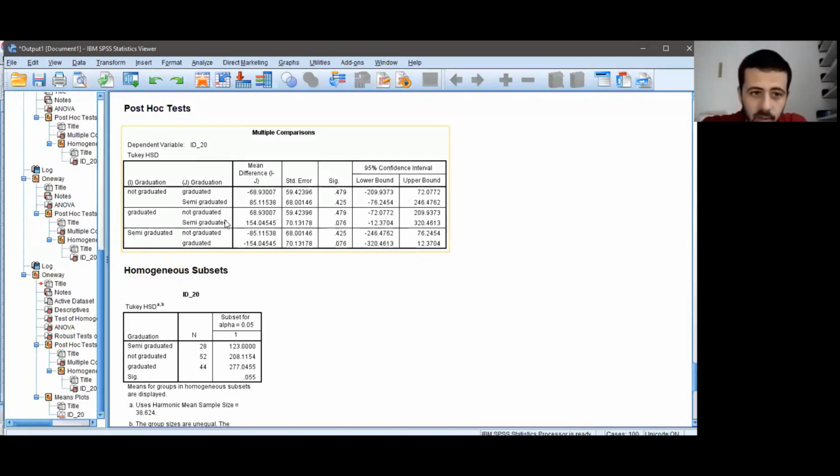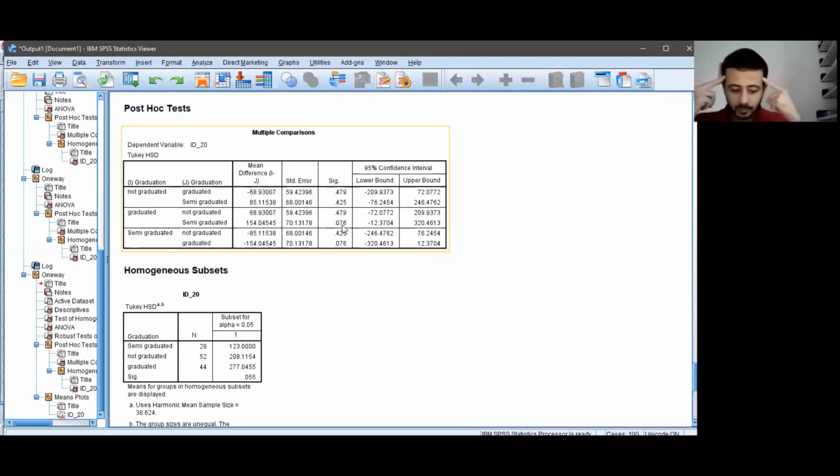But for graduated versus semi-graduated, it's 0.07. It's still not significant, but so close to being significant. If we assume the significance level is 0.05, then this comparison will be the cause of the difference.